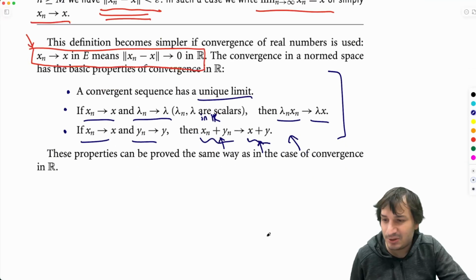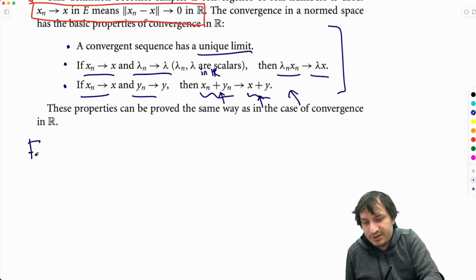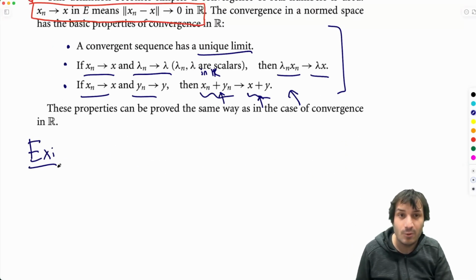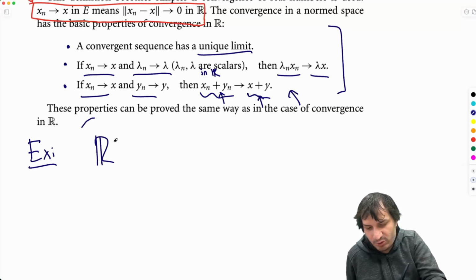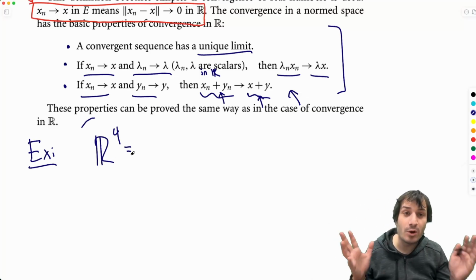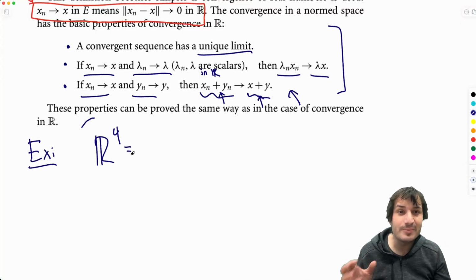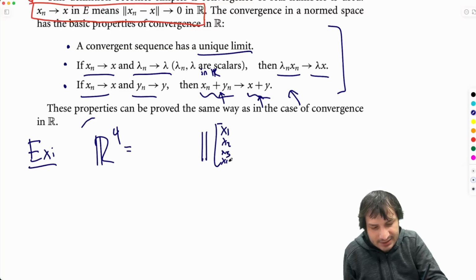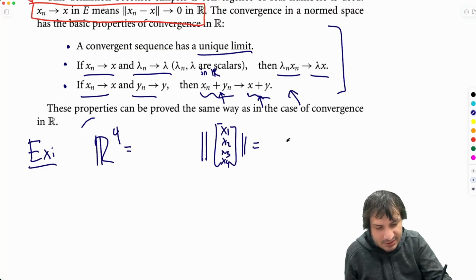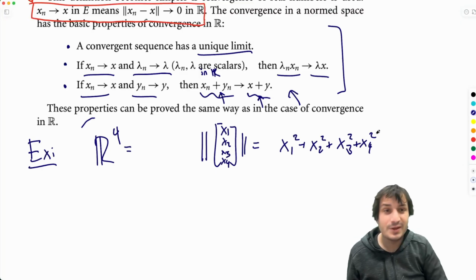Let's do some examples. And so here's an example of a norm. The easiest example is, again, on the easiest vector space, let's say R4, right? So you have vectors with 4 components. The simplest possible norm is the ordinary Euclidean norm. So the norm of some vector x1, x2, x3, x4 will be the sum of the squares, x1 squared plus x2 squared plus x3 squared plus x4 squared, and then you take the square root.